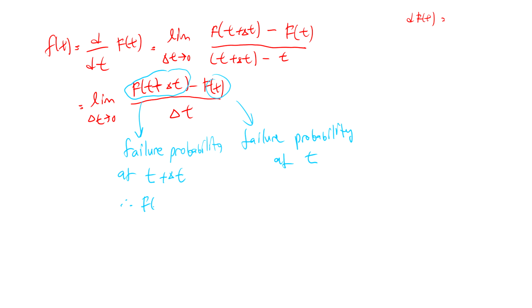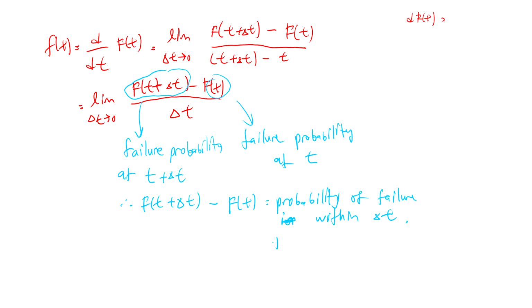So F(t plus delta t) minus F(t) is the probability of failure within delta t. So it survived up to time t.